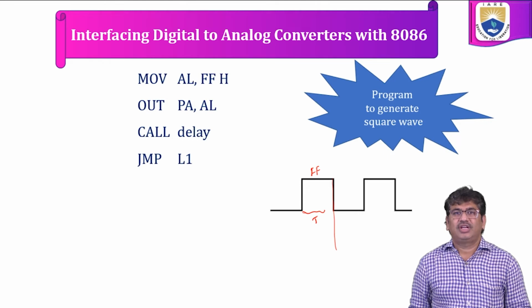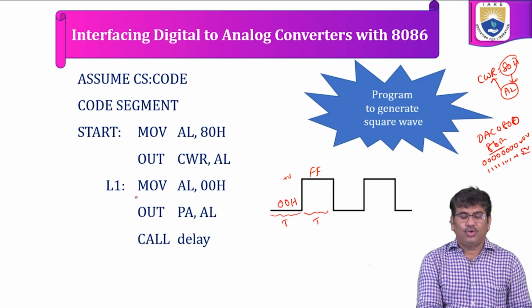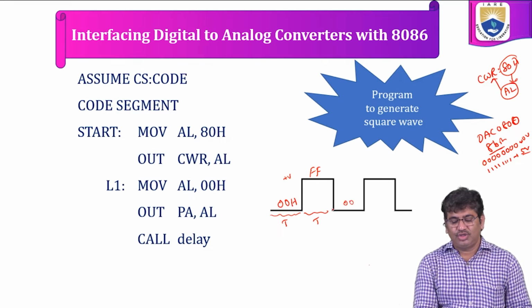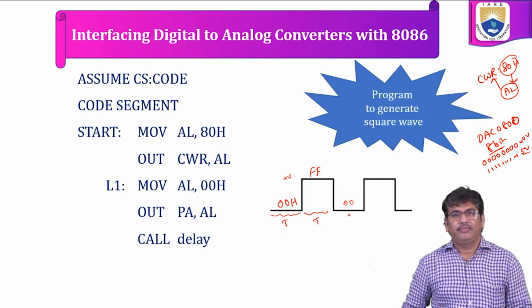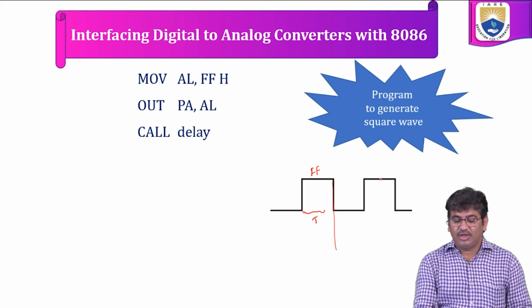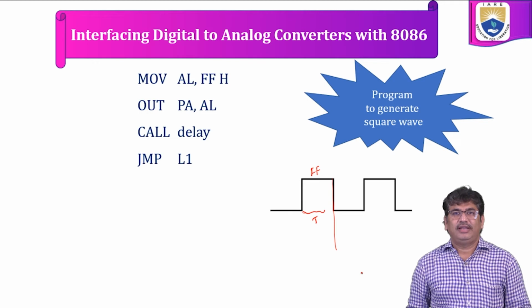Whenever this instruction is encountered, the processor will take the control to MOV AL, 00H. Again the 00 waveform will be passed, wait for some amount of time, and again FF will be passed to generate logic 1 for some amount of time. So this will be repeatedly executed, for as many cycles as we want. If you write the JMP instruction, it is going to generate a continuous square wave.